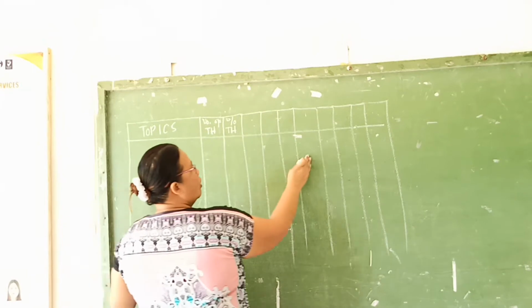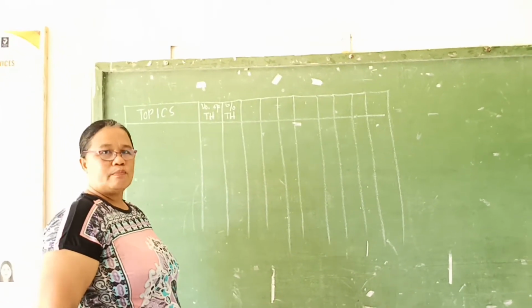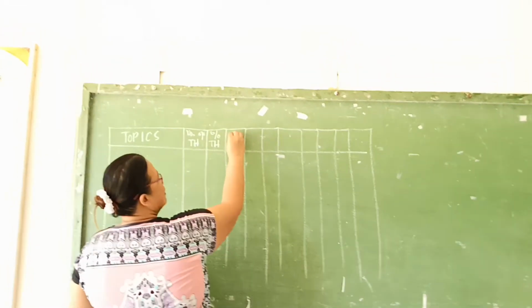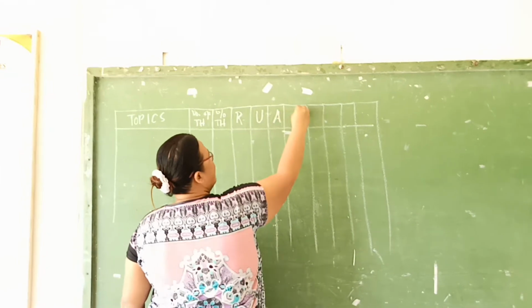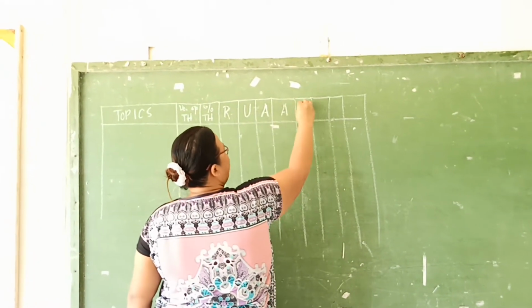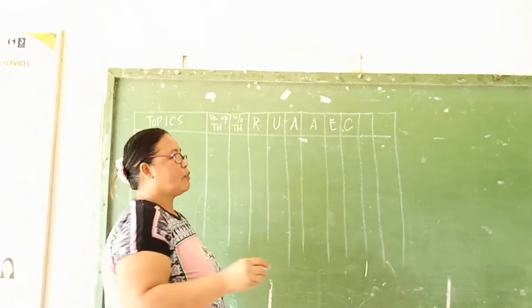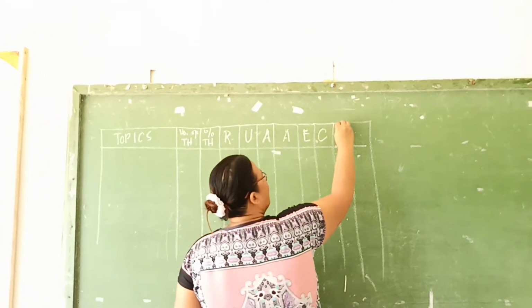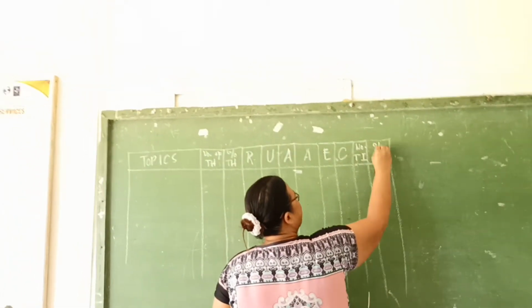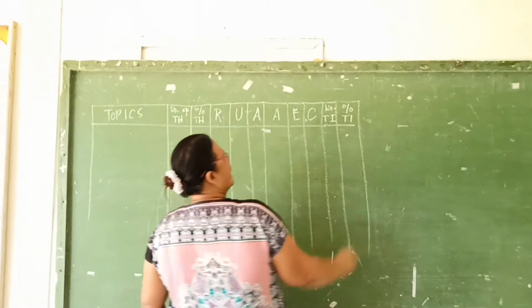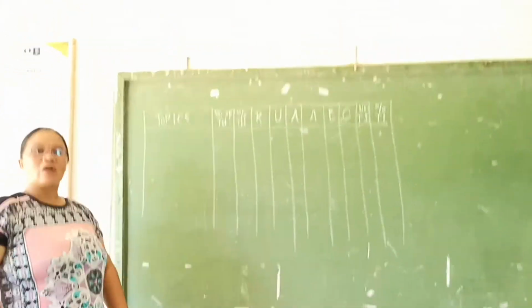The next 6 columns will be the 6 levels of the cognitive domain, to start with: remembering, understanding, applying, analyzing, evaluating, creating. The last 2 columns will be the number of test items, and the last will be the percentage of the test items. So this will now be your 11 columns.